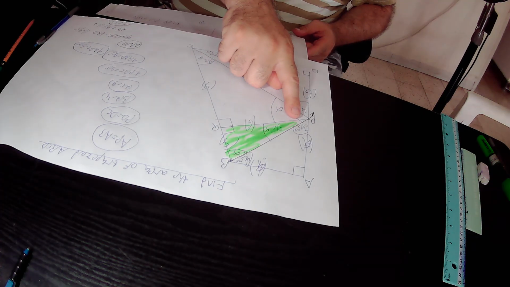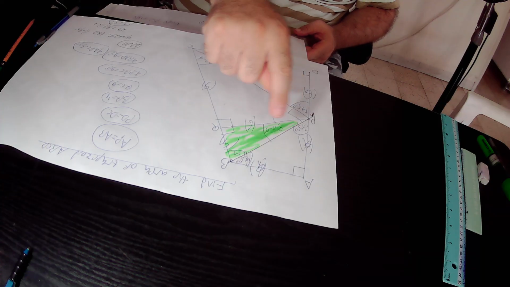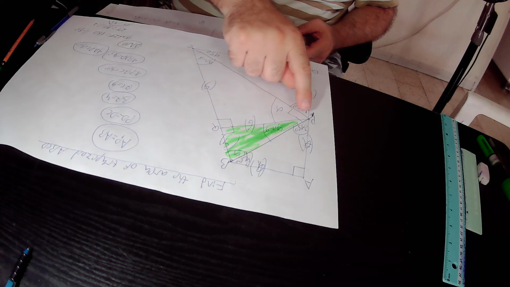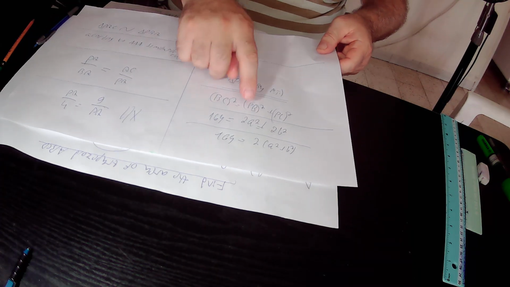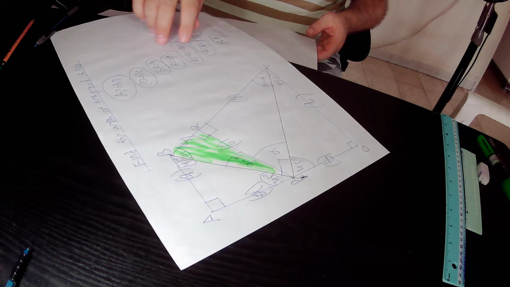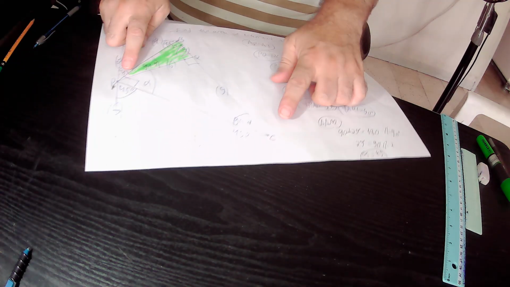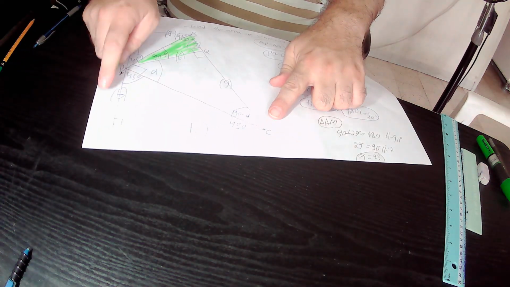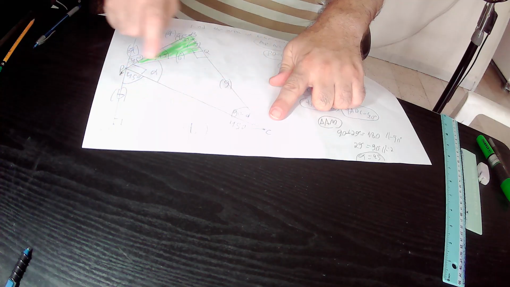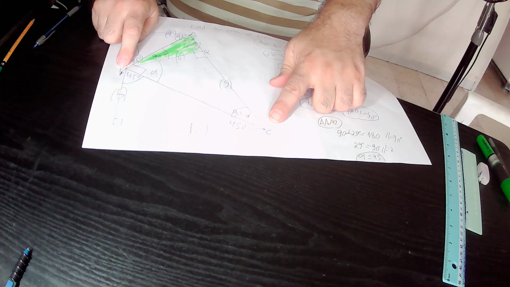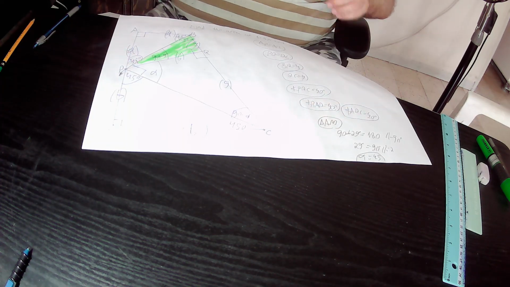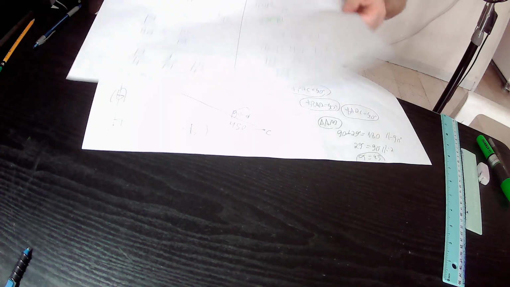If you focus on the right small triangle APB, BP squared equals a squared plus a squared, so BP squared equals 2a squared. If you focus on the right triangle PDC, PC squared equals b squared plus b squared, that is 2b squared.